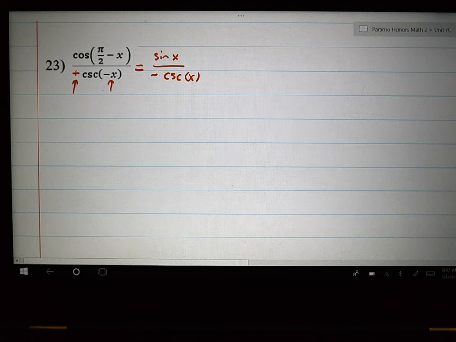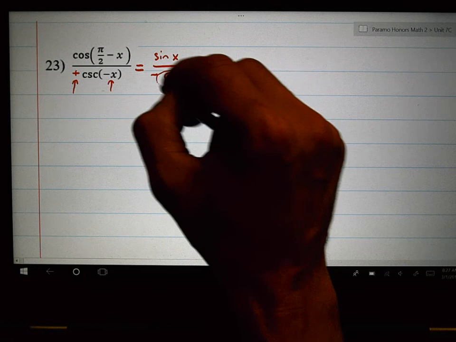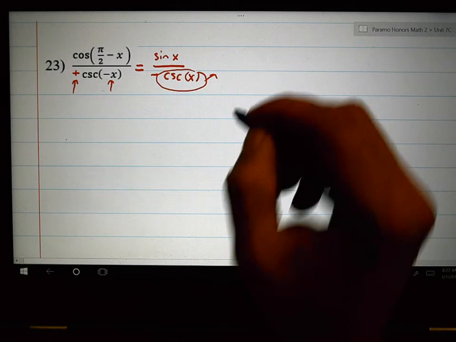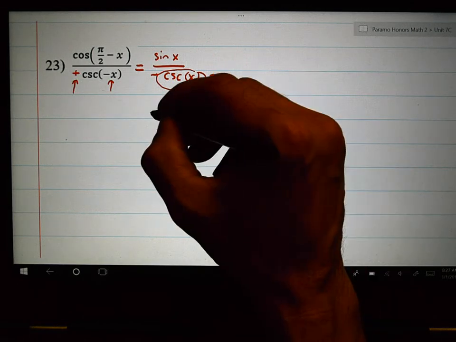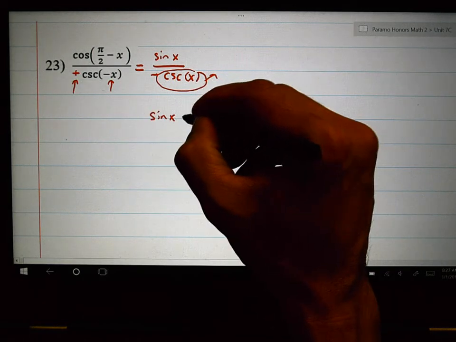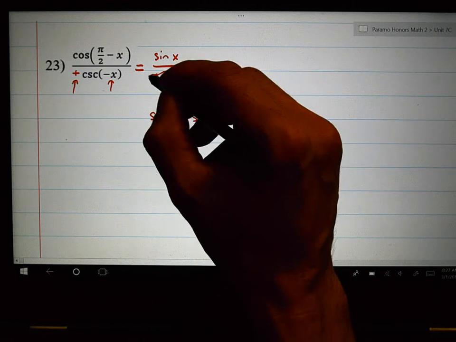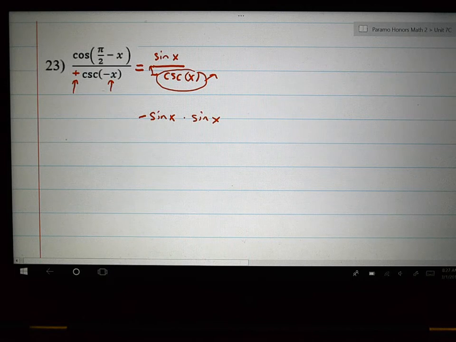Once you get here, I would not write cosecant in the denominator. I'd probably push this thing up. And I have a negative cosecant of x. But if I push that up, cosecant in the denominator is the same thing as sine of x in the numerator. And I'm going to just move this negative up right here too, because a positive divided by a negative is a negative.